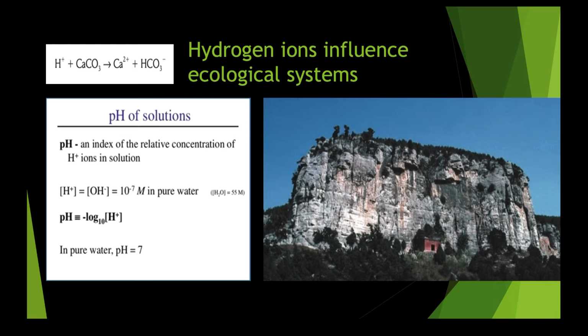So hydrogen ions, because of their high reactivity, dissolve minerals from rocks and soils, and this enhances the natural solvent properties of water. For example, in the presence of hydrogen ions, the calcium carbonate found in limestone dissolves readily, according to the chemical equation that I listed up in the top left corner of this slide.